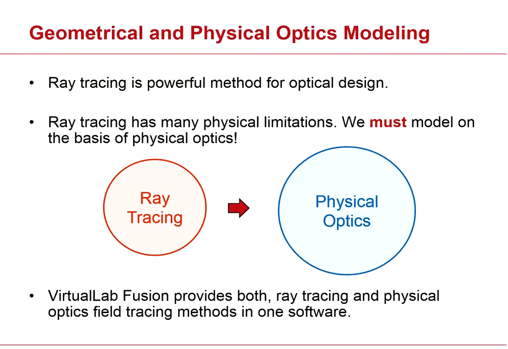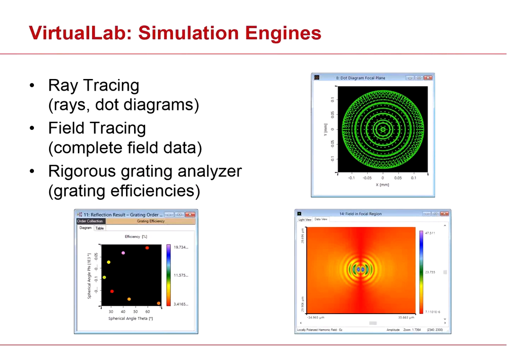And as you know, this physical optics modeling is really required to overcome the limitations of classical ray tracing methods. And all this is in one software. As you see here, you can compute with rays, and you get these dot diagrams. If you switch to field tracing methods, of course, you handle the complete electric field and magnetic field.